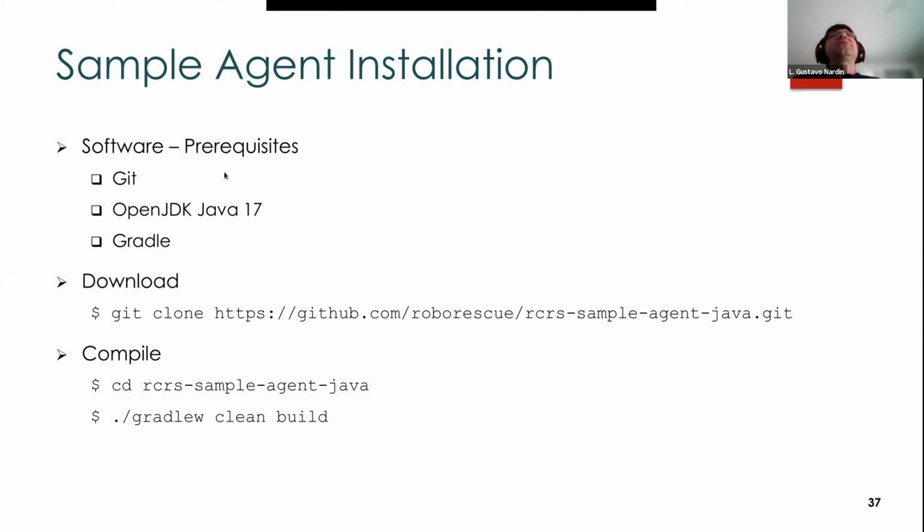Okay, it does require the same software as the server, and you can download it from the RCRS sample agent Java repository in our GitHub repository. And to compile, you just enter the subdirectory and use ./gradlew clean build. It is already built once it's finished this command.